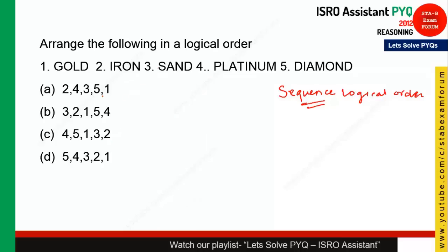Here it could be on the basis of their cost. As you know, sand is the cheapest of all, then iron, then we have gold, then diamond, and platinum is the costliest of all. So option B is the right answer. The logical order is based on their costs.